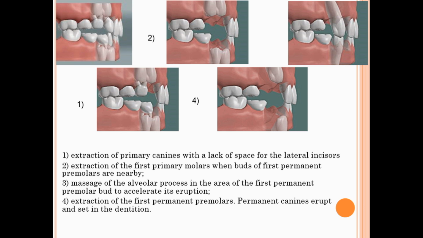If there is significant space deficiency and all stages of sequential removal were carried out in a timely manner, this method can ensure complete closure of gaps and relatively normal placement of teeth without using any orthodontic apparatus.